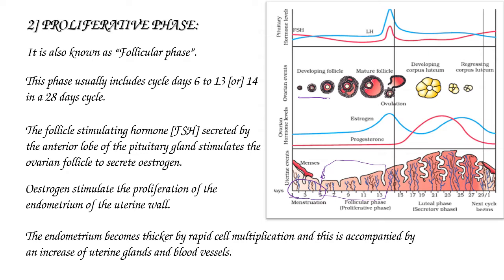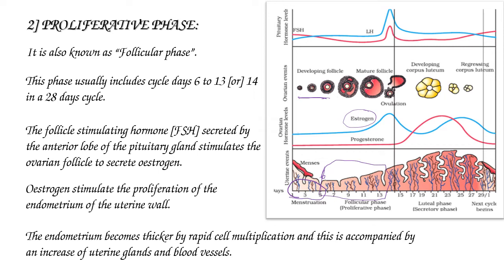The growing follicles start to produce estrogen. Already we have studied the development of ova after completion of oogenesis: primary follicle, secondary follicle, tertiary follicle, and the matured follicle we call the Graafian follicle. These developments take place during the proliferative phase in the menstrual cycle.